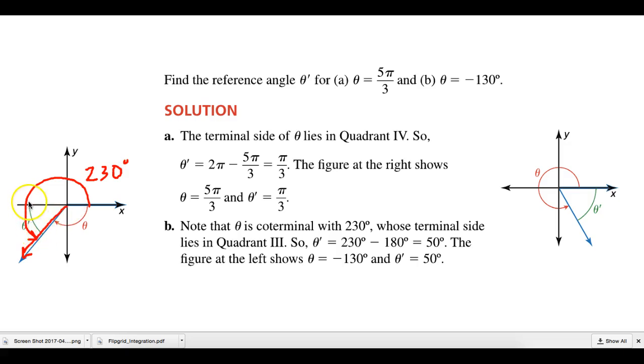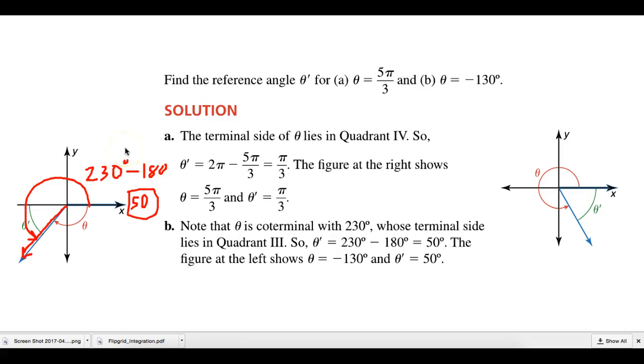You've gone past 180, so you subtract 180 from 230 to get your reference angle, and 230 minus 180 is 50. So your reference angle is 50. The point is, it's very easy to do. All you're doing is finding the distance from your terminal side to the x-axis, either moving up to the x-axis or down to it. Some of these, you might be more comfortable finding the coterminal angle and then subtracting 180. It's up to you which way works best.